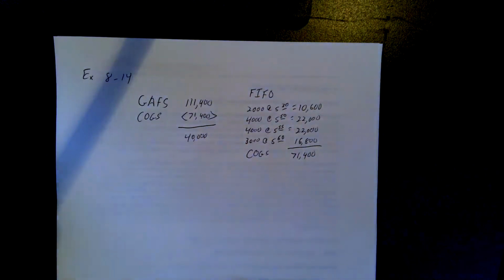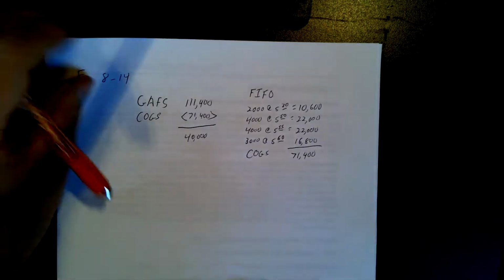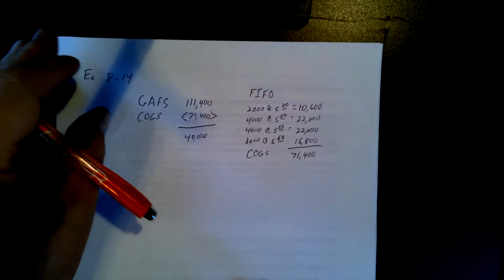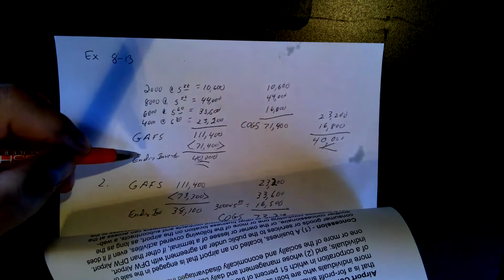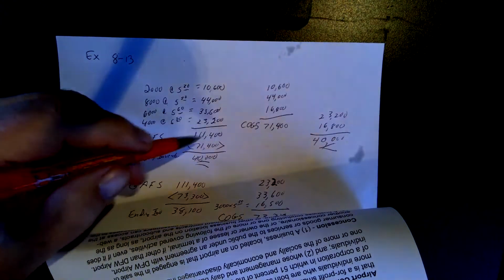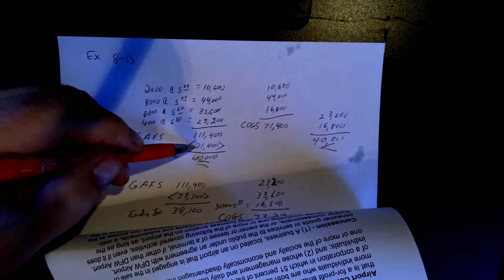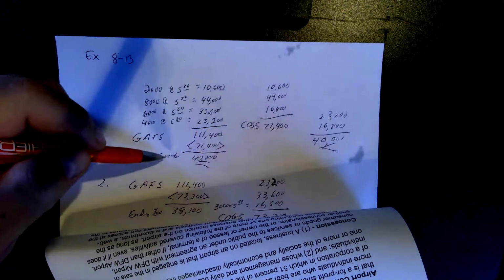Now that should be very familiar if you watched exercise 8-13. As you see, that's the exact same numbers that we got under FIFO on a periodic system. 71,400 cost of goods sold, and then ending inventory of 40,000.